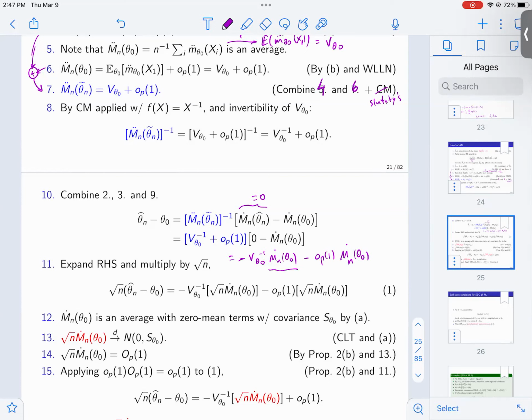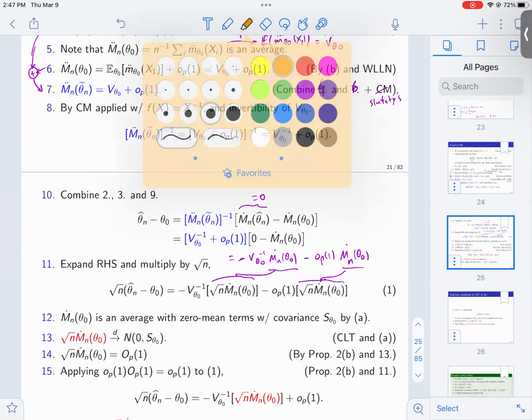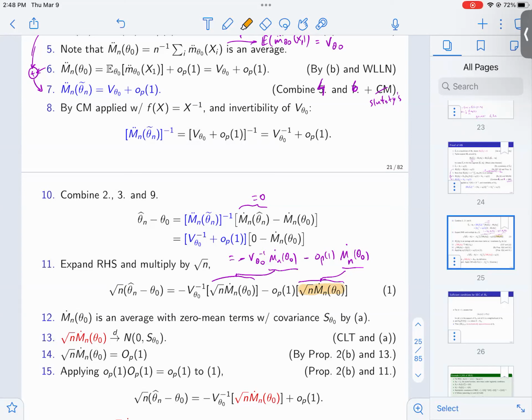So you get this, this term is going to be that, and this term is going to be that. Okay, so multiply both sides by root n. Now we're going to use the property that this quantity is big OP of 1. Okay, this is big OP of 1. And then I have a little OP of 1, so the product would be little OP of 1.